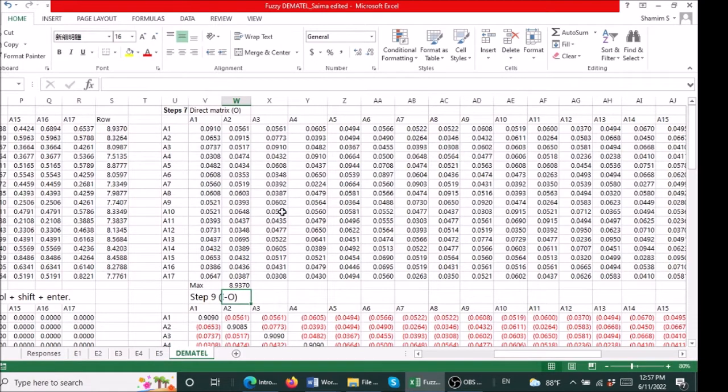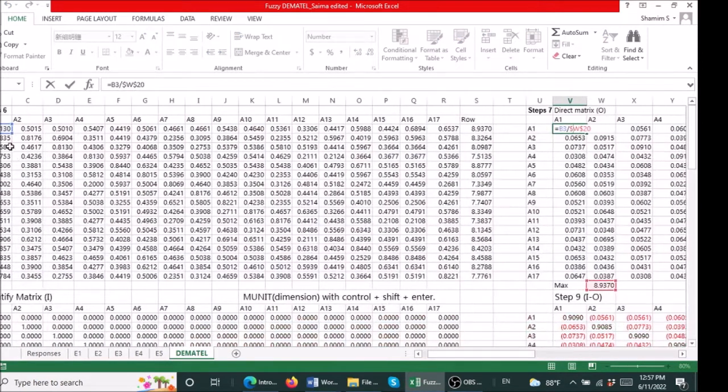We got the maximum value, and now we have to divide B3, I mean this cell, by the maximum one. So we got this one.